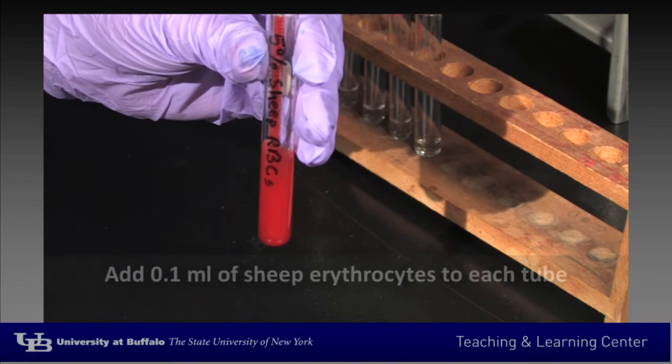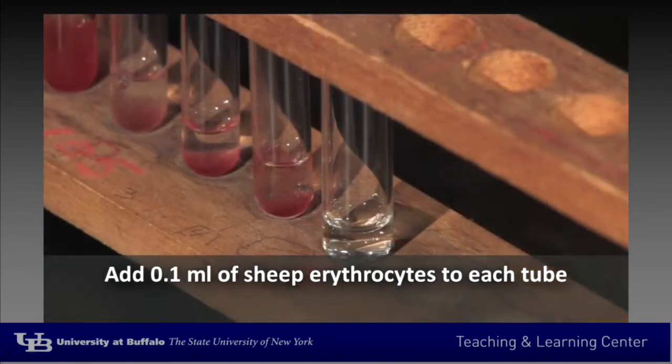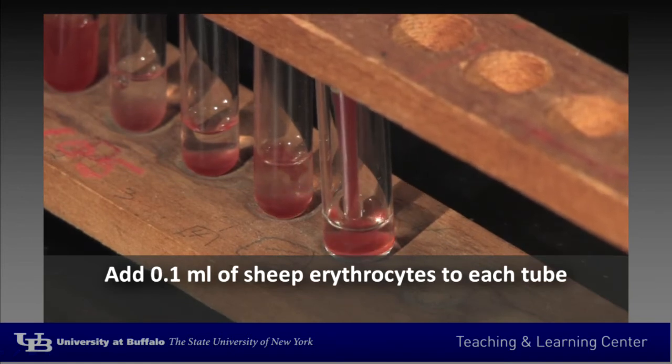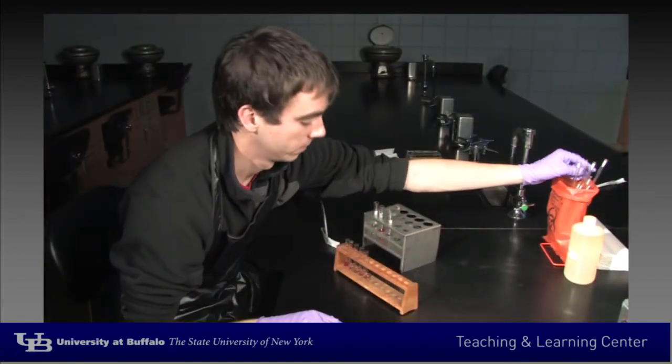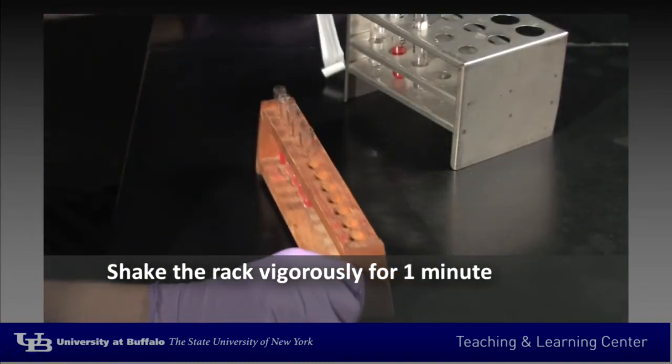Draw up 1 ml of the 5% suspension and then dispense 0.1 ml into each of the 5 tubes. Discard the remaining 0.5 ml with a pipette in the biohazard bag. Shake the rack vigorously for 1 minute.